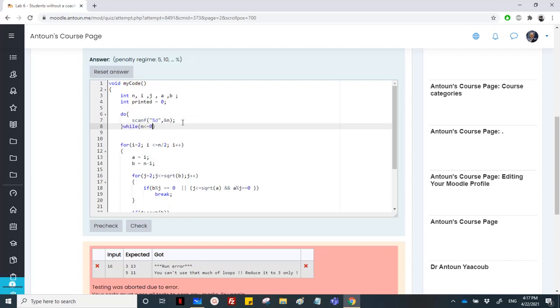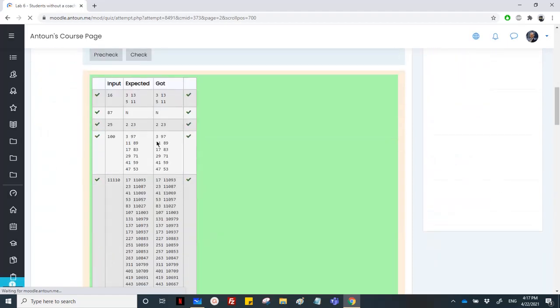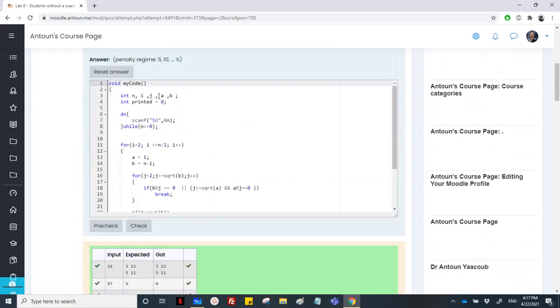As long as it is less or equal to 0, let's do a check. And obviously it passed. So I will remove a and b because a and b are just i and n minus i.